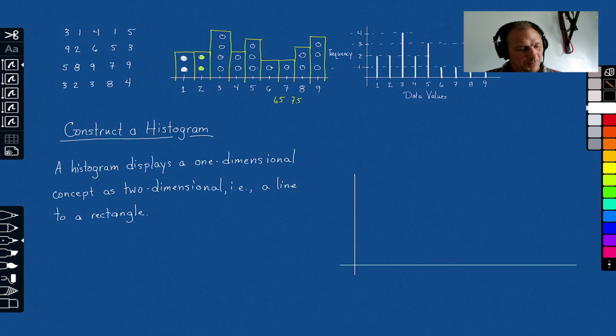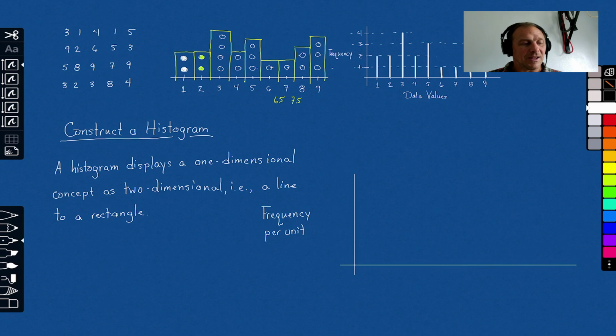Notice that this is the frequency. We're going to call this the frequency per unit. Okay, frequency per unit. Now, on the bottom, notice that when I look up at the yellow information, I didn't record the data values inside.